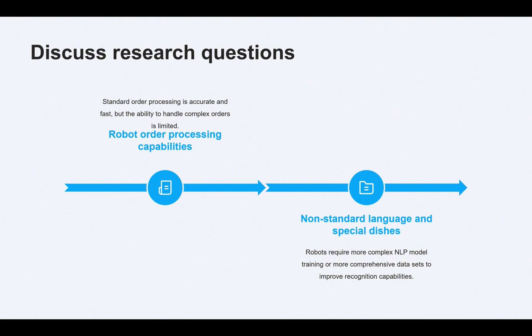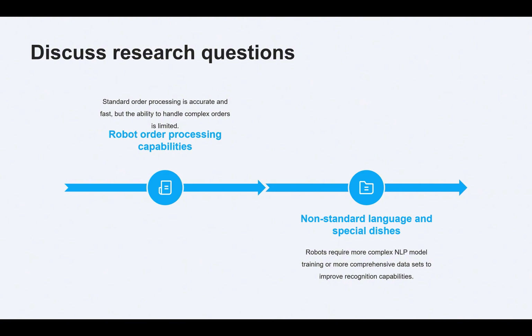Our main research question focuses on evaluating the ability of the ordering chatbot to process and understand customer orders. Through experimental data analysis, we found that the ordering chatbot performs well in terms of accuracy and response time, especially in standard order processing, and was able to respond effectively and quickly.